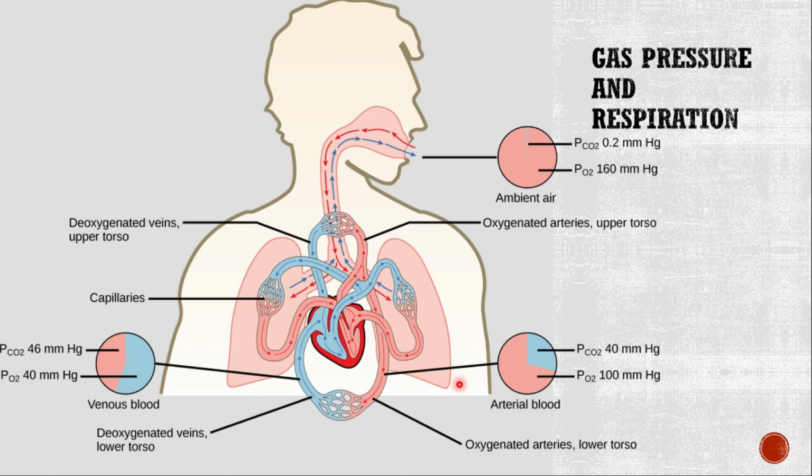Oxygen and carbon dioxide move independently of each other. They diffuse down their own pressure gradient. As blood leaves the lungs through the pulmonary veins, the venous partial pressure of oxygen is 100 millimeter mercury, whereas the venous partial pressure of carbon dioxide is 40 millimeter mercury.